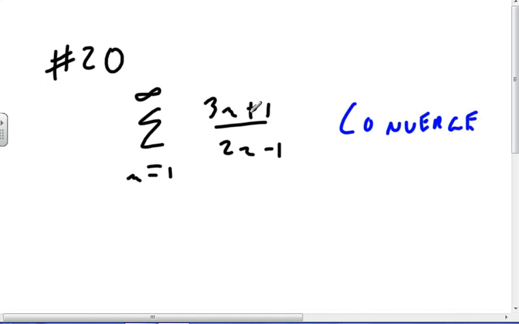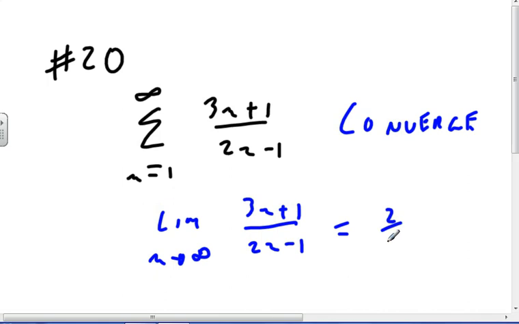Why? Well, because if I look at the limit as n goes to infinity of 3n plus 1 over 2n minus 1, I end up with 3 halves, which is not 0, therefore it diverges.